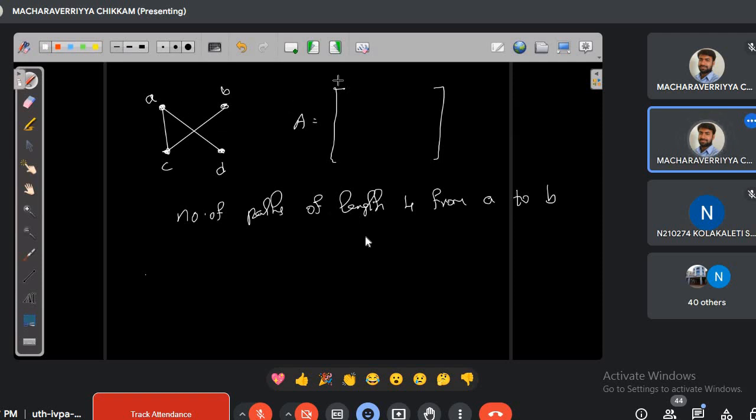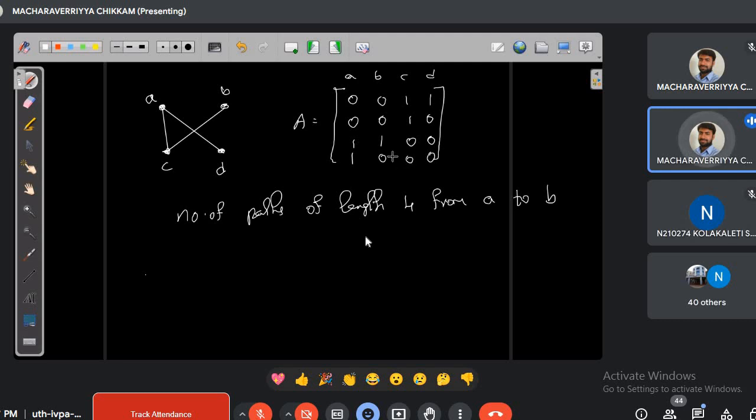So the matrix is, if I take A, B, C, D, this is anyway 0. A is not connected to B, 0. It is connected to C and D. So 0, 1, 1. And B is incident with C alone. And C is incident with A and B. Got it? So 0, 0.